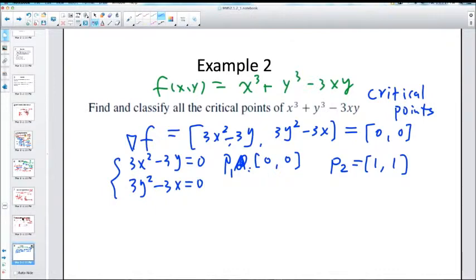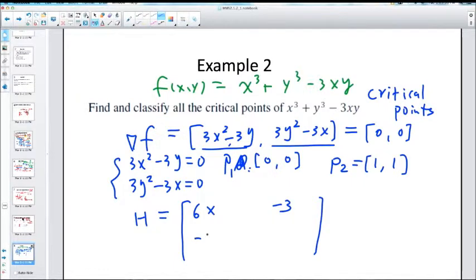And then at these two points, what's next? You need to get the Hessian matrix, right? Take the derivative to x and to x, that's 6x. If you take the derivative to y, that's negative 3. And take this to x, negative 3. Take it to y, that's 6y.